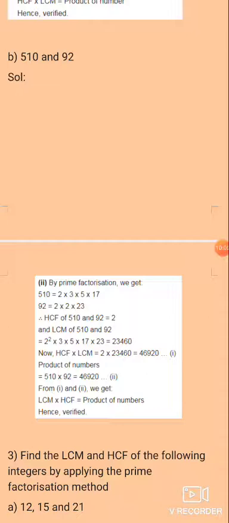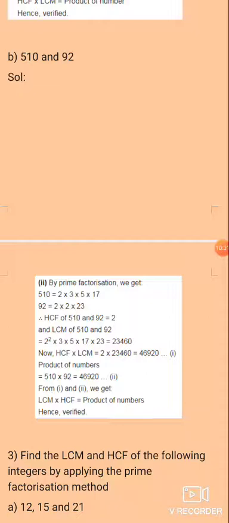Now listen carefully, LCM. The LCM of 510 and 92: take all the prime factors, take its greater power. When we consider 2, the first has only one 2, but the second, 92, has two 2's. The power of 2 is 2 square. So the greatest power of 2 is 2 square.